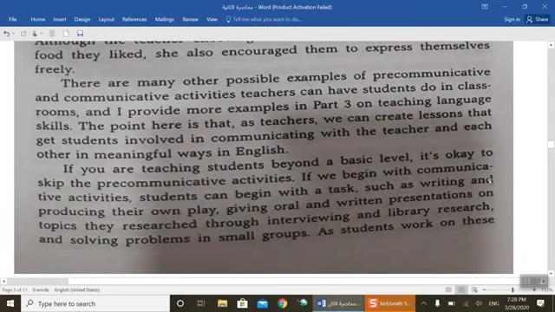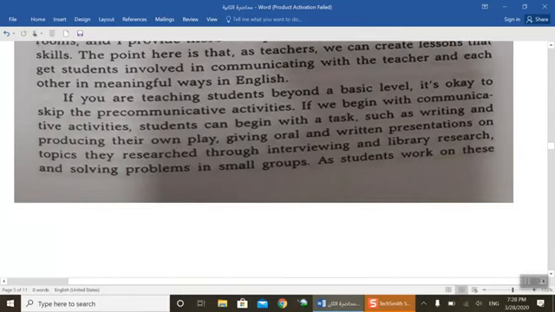Begin with communicative activities. With these tasks, the students can begin, such as writing and producing their own play, giving oral and written presentations on topics they research through interviewing and library research, and solving problems in small groups.